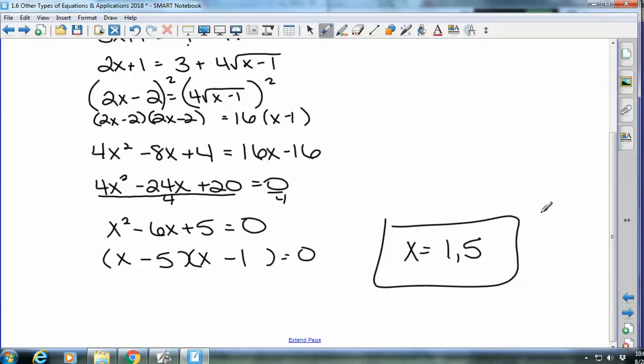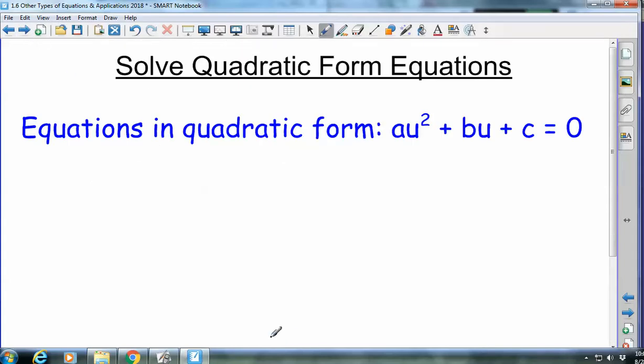Let's talk about the last type of problem. The last thing we're going to be looking at are quadratic type equations.